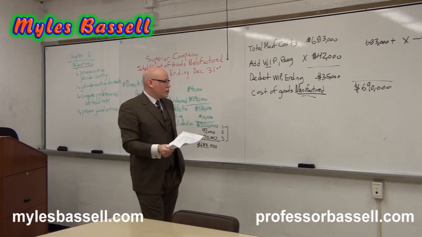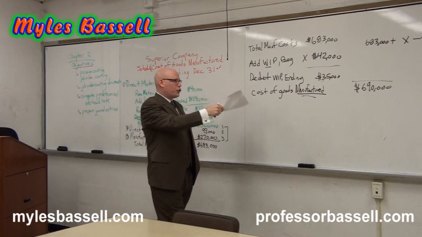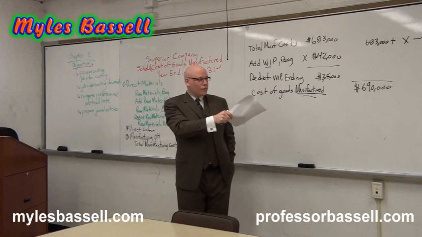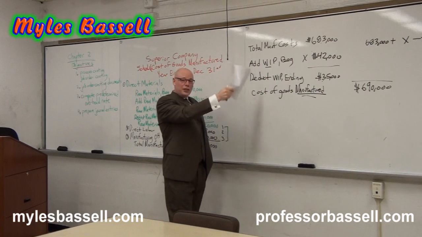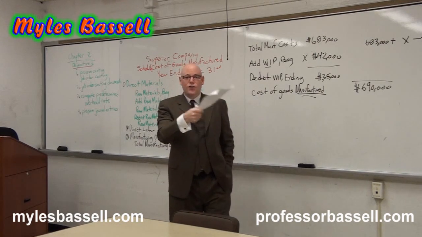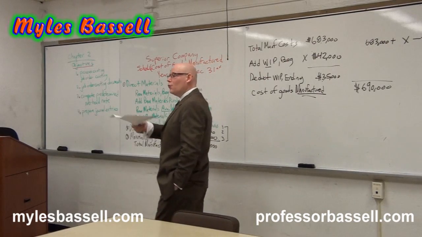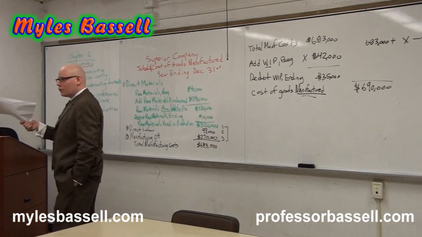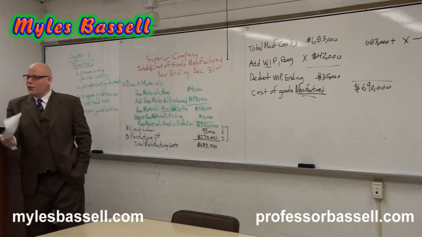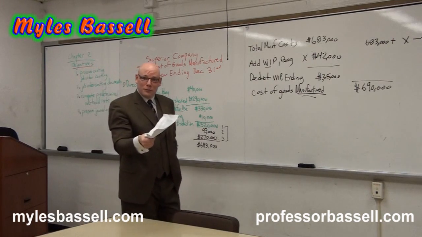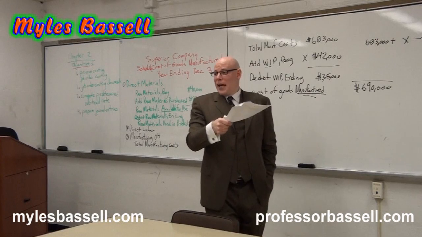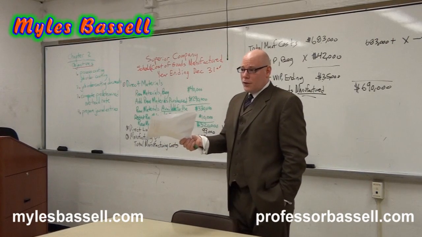Right, so it's the cost that we incur to manufacture the product, whether it's actually finished goods or work in process. It's the cost that we incurred, but that's not the same as what we sold. So we want to know the cost of the goods that we actually sold. Maybe we sold 80% of what we produced.